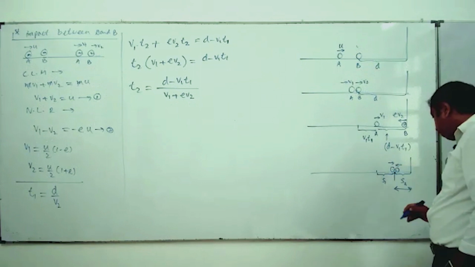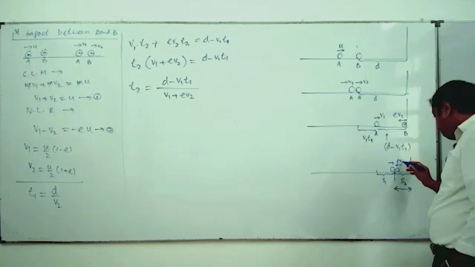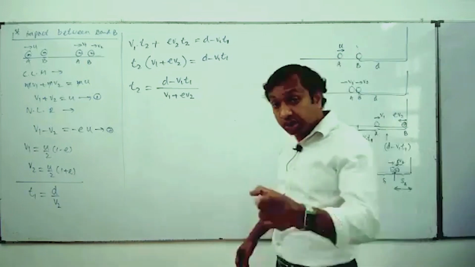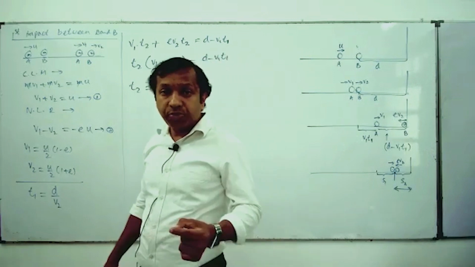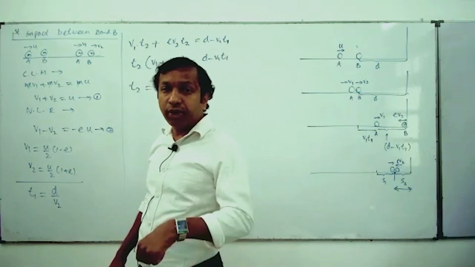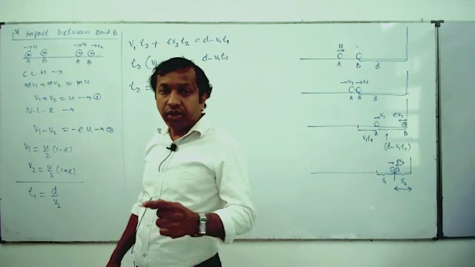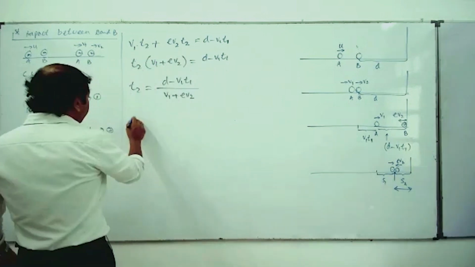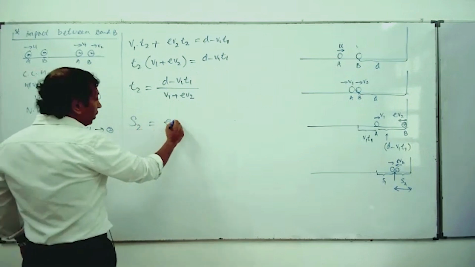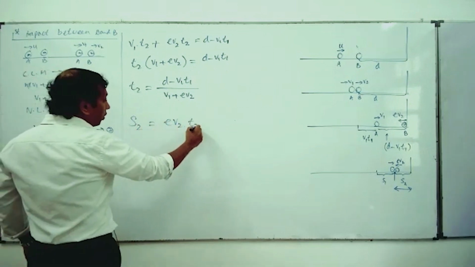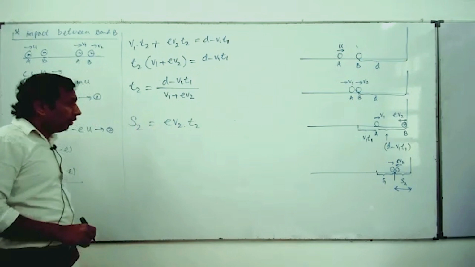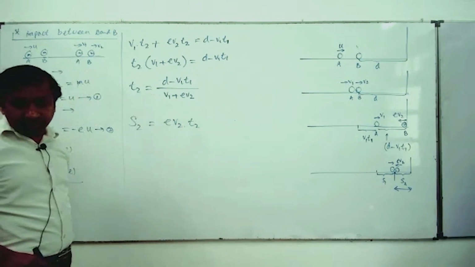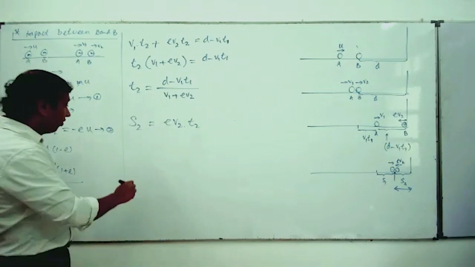It is now moving with EV2 velocity, no? EV2 into T2, and displacement S2 is equal to velocity into time. Then S2 is the asked answer. S2 is EV2 into T2. Now we substitute for this T2 here and keep simplifying. You get this answer. All right, we'll do the simplification.